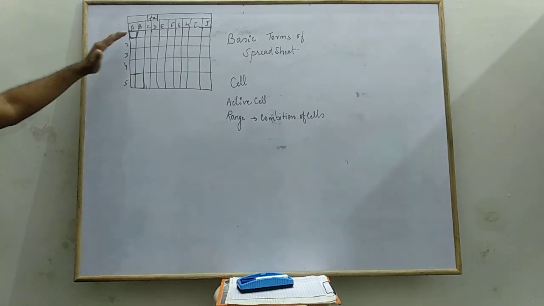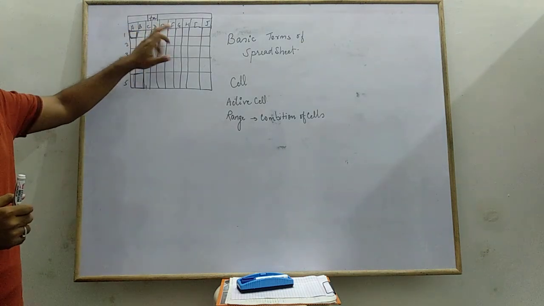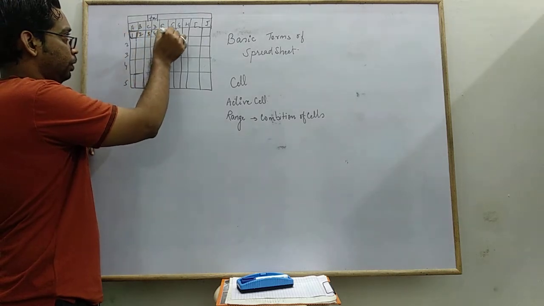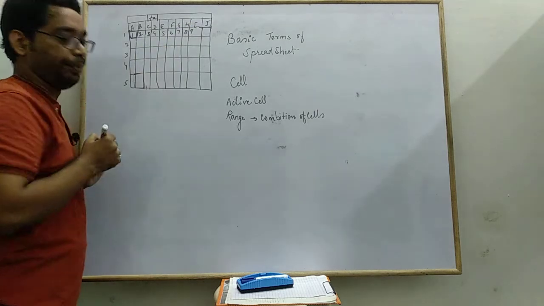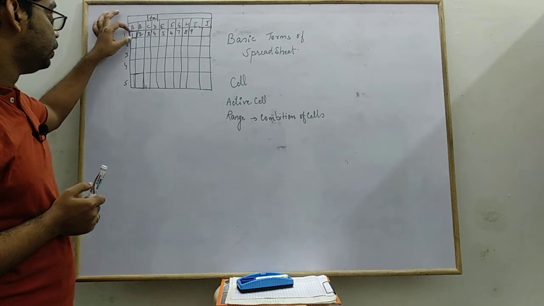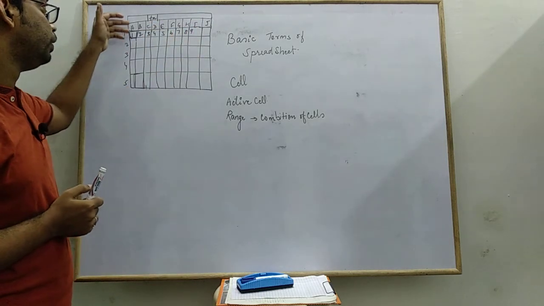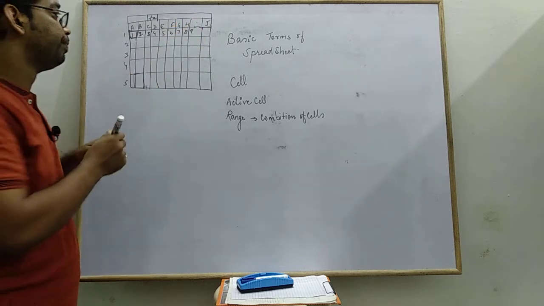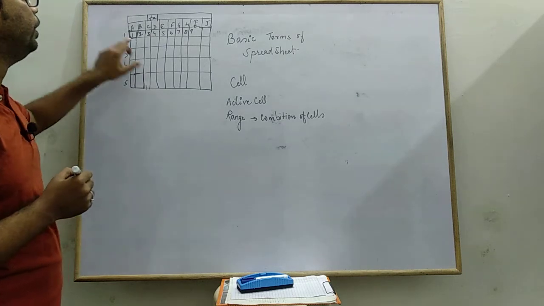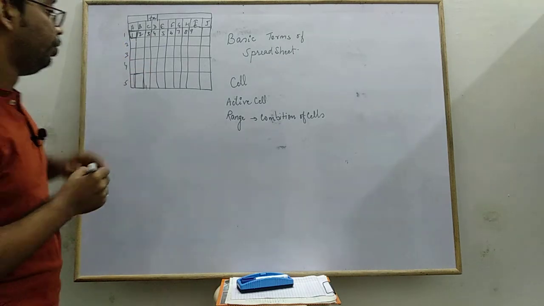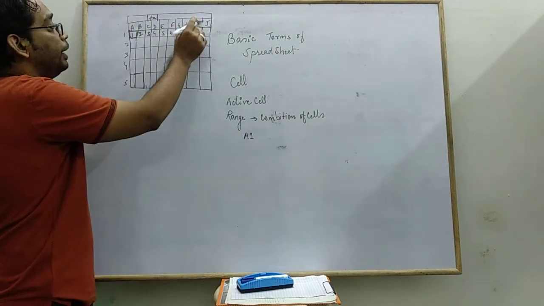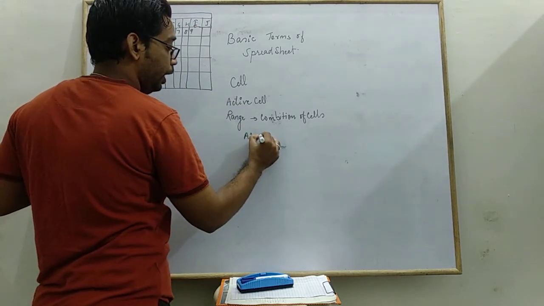Suppose there are certain numbers here, 1 2 3 4, and you want to select from the first cell to the last cell, that is from column A to column I. So what is the range of the cells? It starts from A1, and where does it end? On I1.